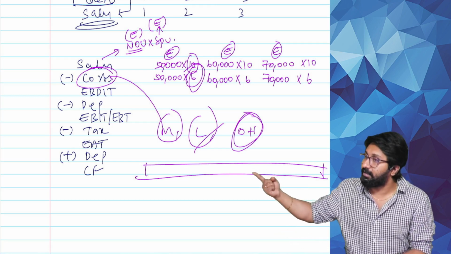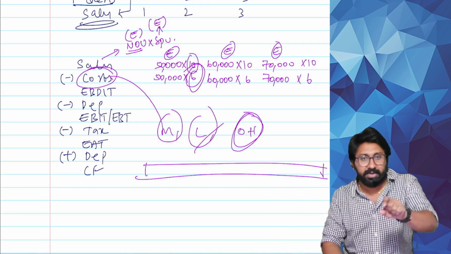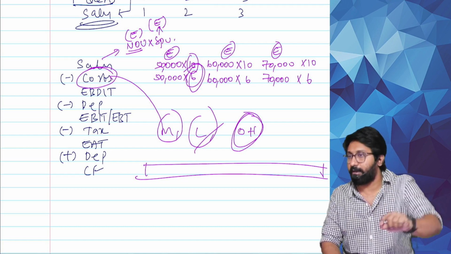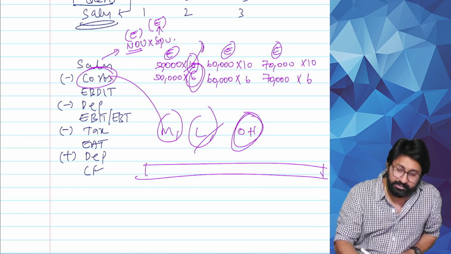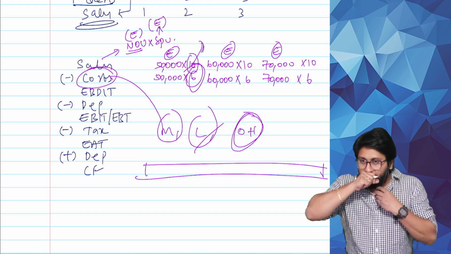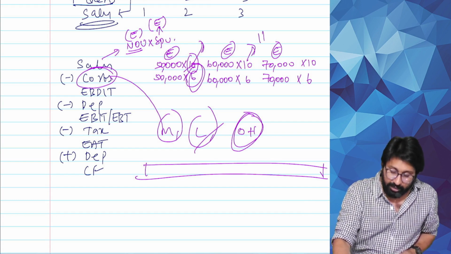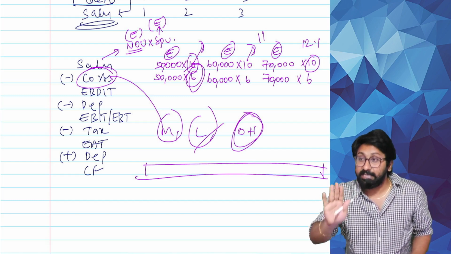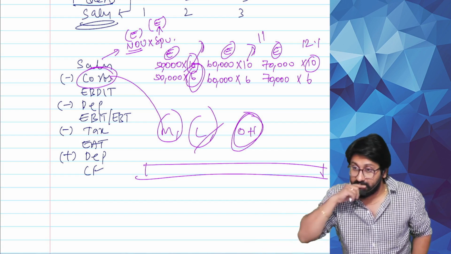We will increase it. Let us say there is a 10% increase. 10 rupees will become 11 rupees next year. 11 rupees will become 12.1 rupees the year after. Tell me, how much is the price today? 1 year after it will be 11, and 11 will become 12.1. This is the sales with inflation.